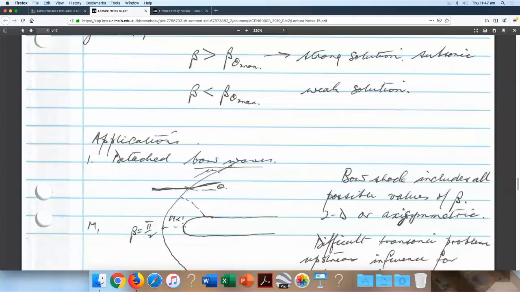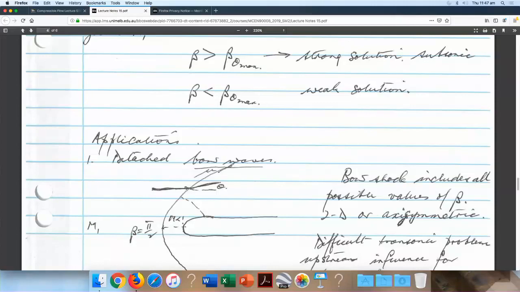But now the shock wave gets weaker as you go further away here, because the flow doesn't have to remain normal to the shock wave. The shock wave gets weaker, so beta becomes less than pi on 2 as you move away. Here, the Mach number behind the shock is less than 1.